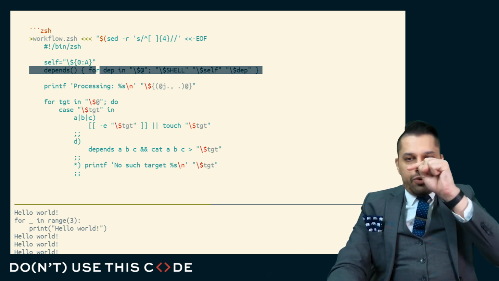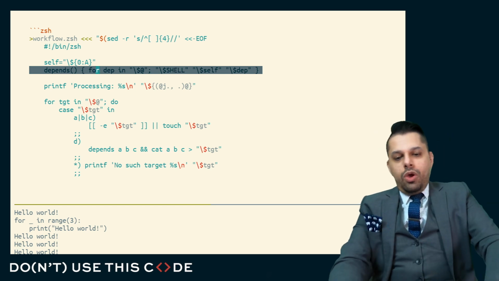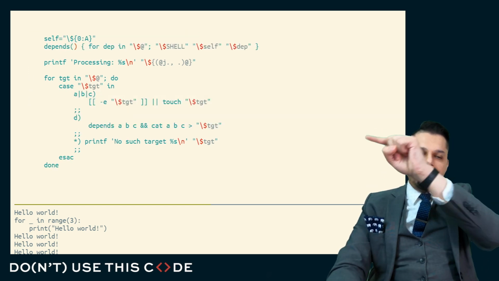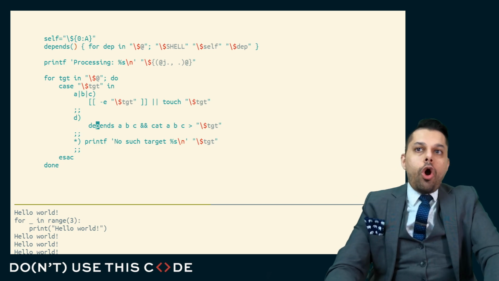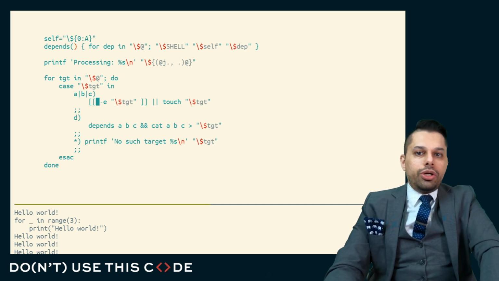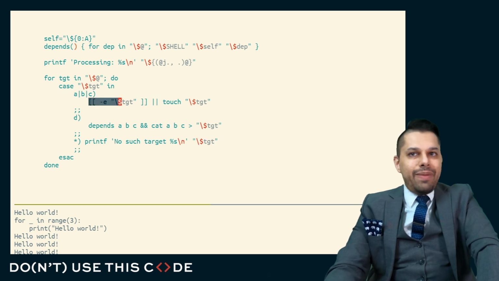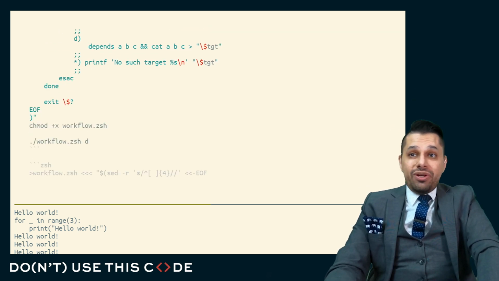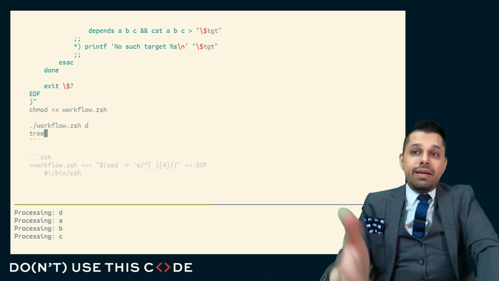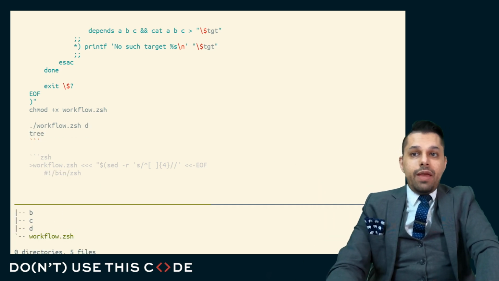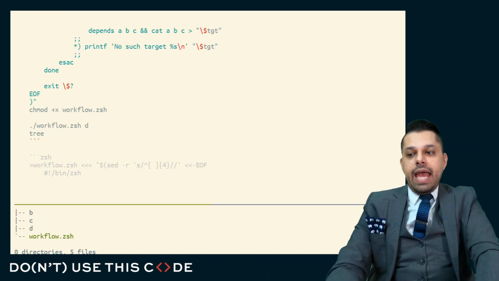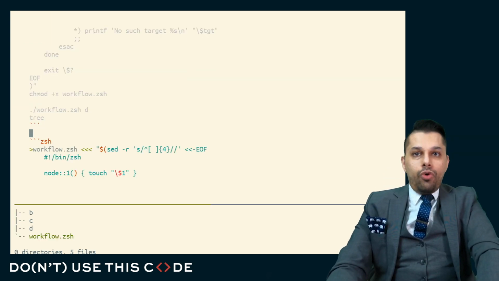So this is a shell script that recursively reinvokes itself as you go, which allows you to then specify a very simple graph of this depends on this, depends on this, depends on this, with arbitrary predicates that are no longer dependent on does this file exist, because this could be anything. This could be any command that gives you some exit code. And you can see, if I have a very simple make file like that, you can see a process D, which then triggered the processing of A, B, and C, and you can see exactly what it did. It actually created A, B, C, and D on disk for me.